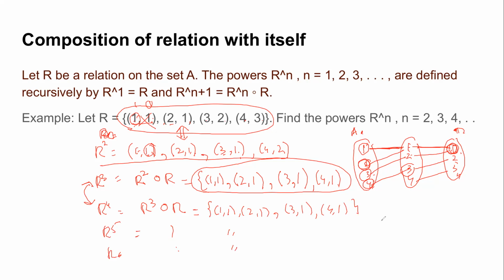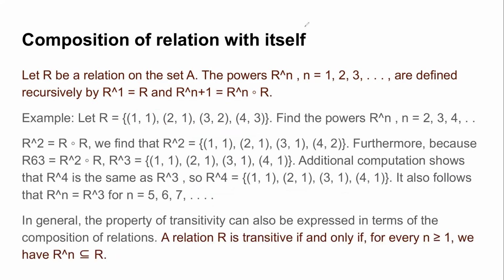Why is it so? You saw that R square was different, but from R3 onward, if you take any further powers of R, you will see they are all the same. This is because of a very important fact: one way to check a transitive relation is to find these pairs.